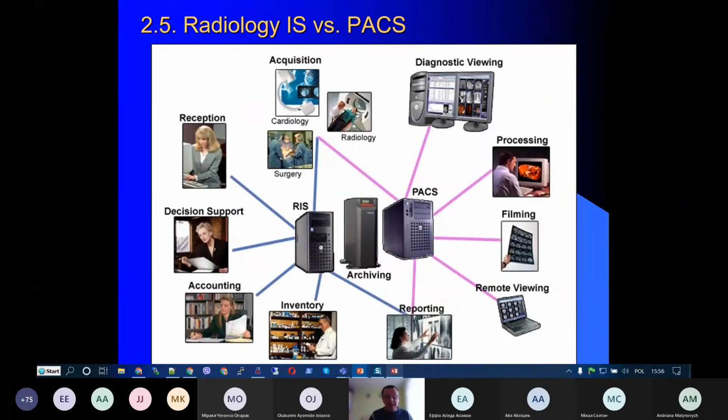RIS includes various features dedicated to performing management of personnel, inventory, accounting, management for the radiology department, while PACS concentrates only on image processing.